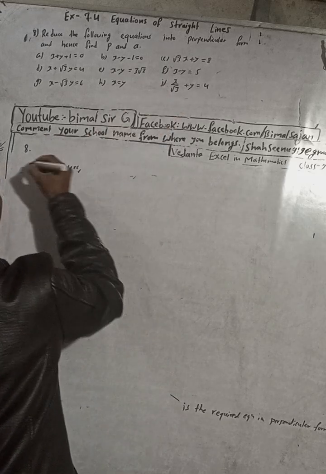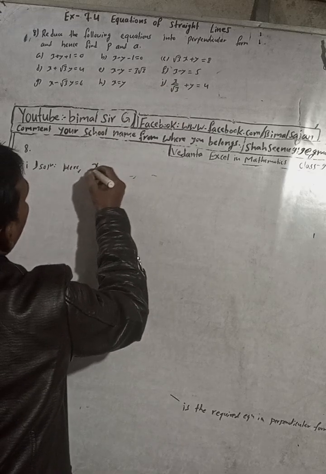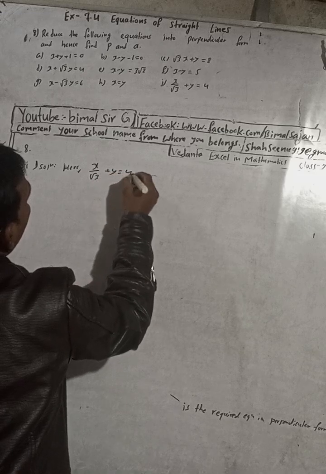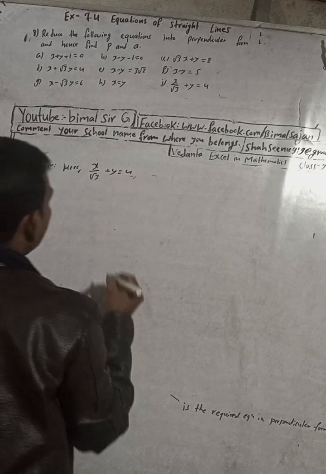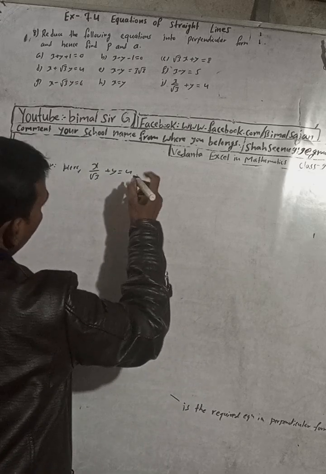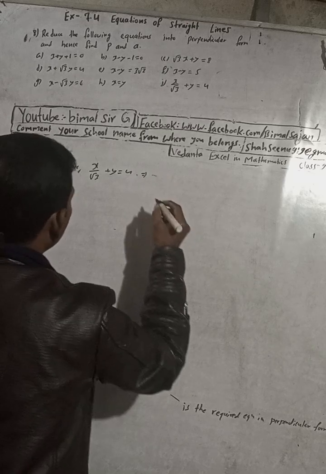So I number, this is x by root 3 plus y is equal to 4, right? You can change this equation now. This implies, okay, how to solve this equation.